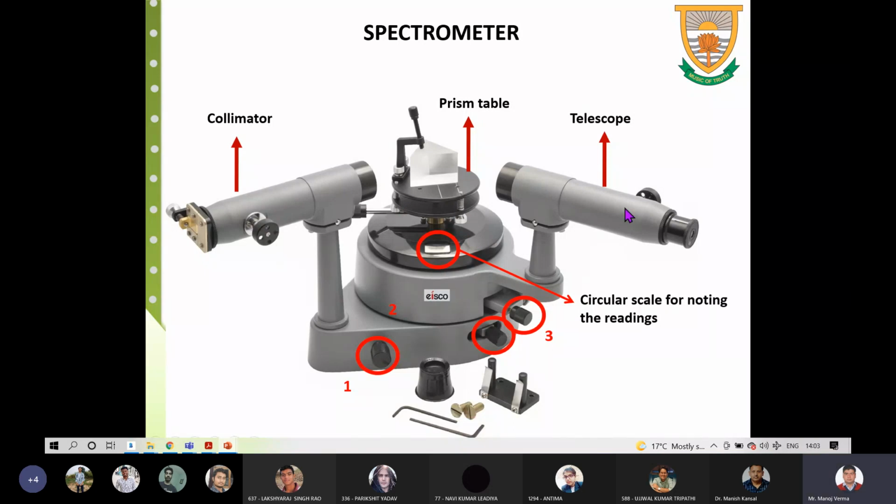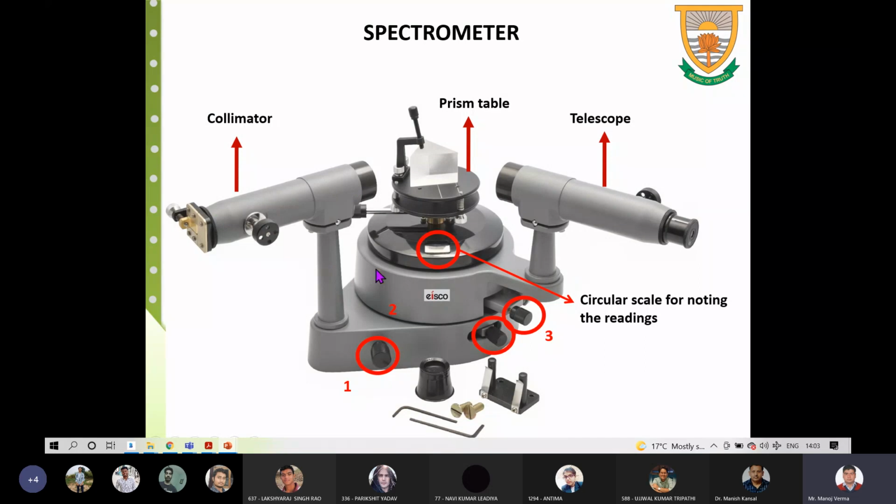I will show you in the experiment how you use this telescope, how you use this collimator, and how you can use this slit to change the width of the source light coming into the collimator.